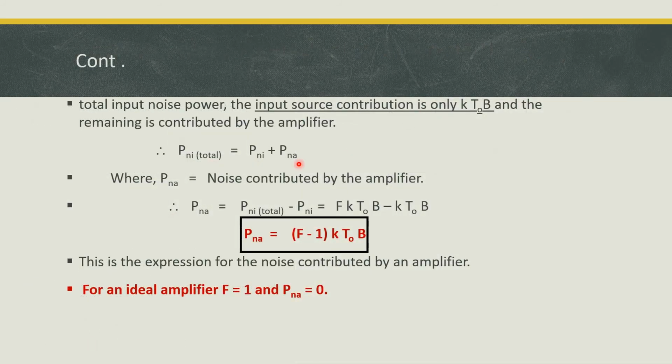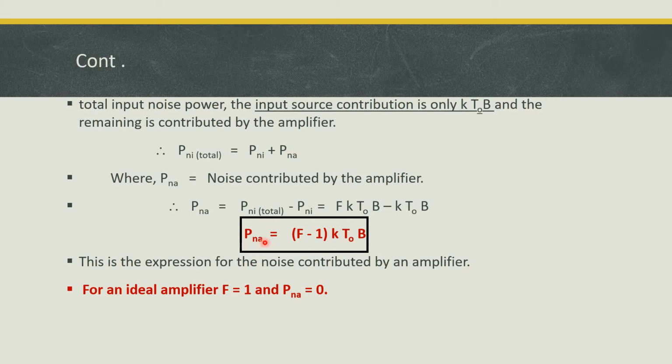Now we need only PNA. So PNA is equal to total minus this source contributed noise. Substitute both. We will get the amplifier noise power PNA equal to (F minus 1) KT0B. So this is the expression for the noise contributed by an amplifier alone.